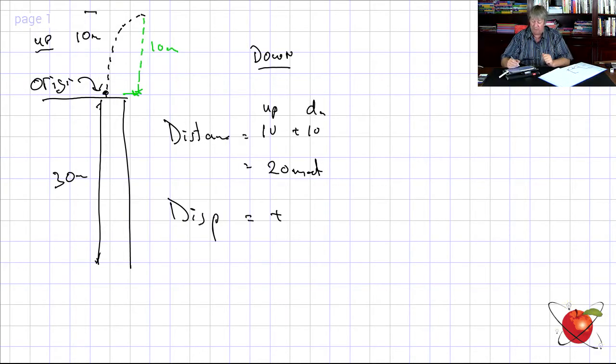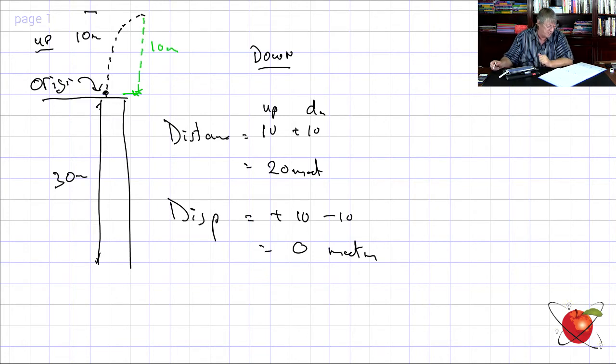So the displacement is the distance moved from the origin. How far has it moved from the origin? Quite simply, it went up plus 10 and minus 10, so the displacement is 0 meters. Correct?